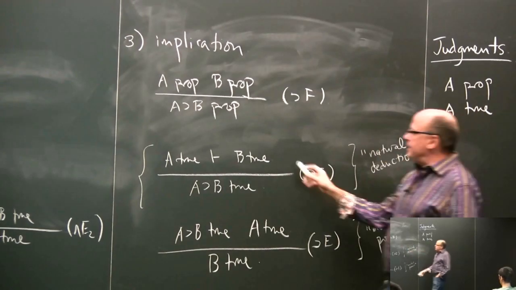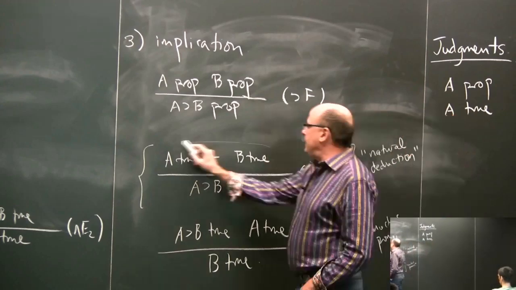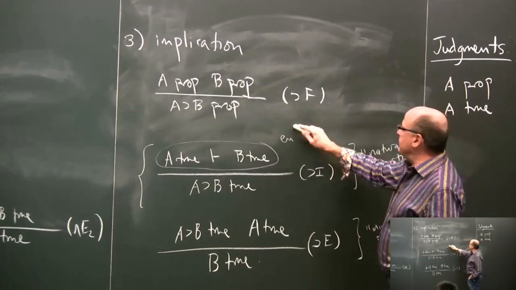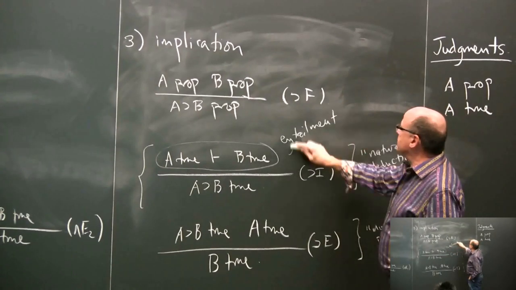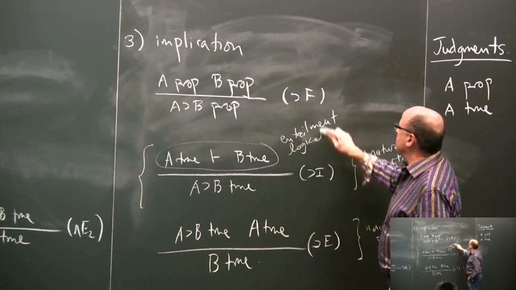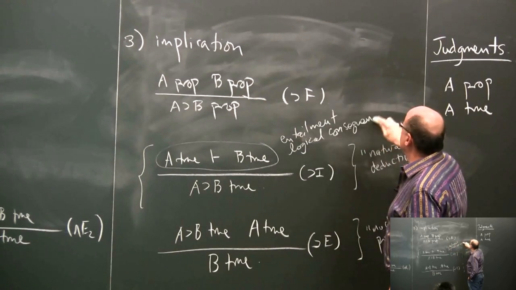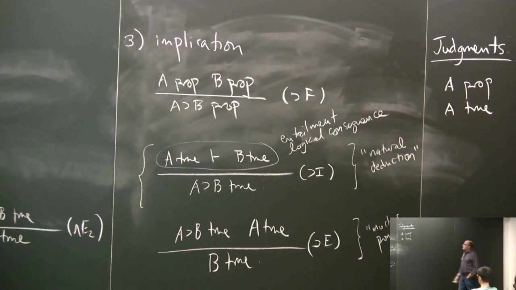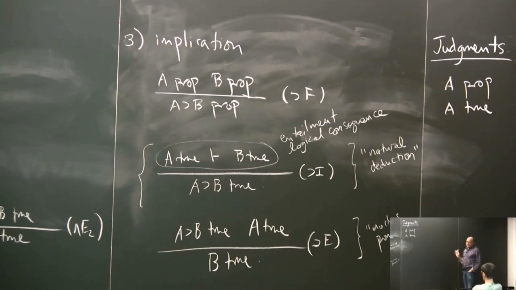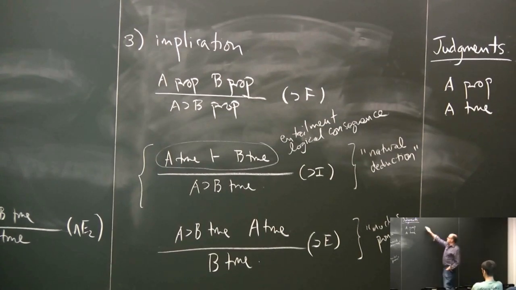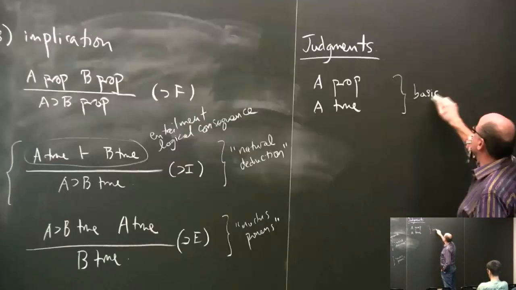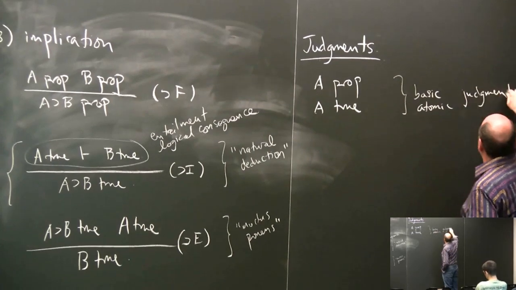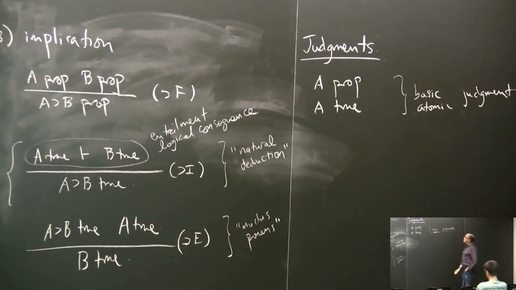In order to explain this rule, at the end I was explaining the idea of entailment, or logical consequence, and maybe there are other words for this as well. It is what I might call a higher order judgment form. These are, in this setup, basic or atomic judgments, and then we have some compound ones.